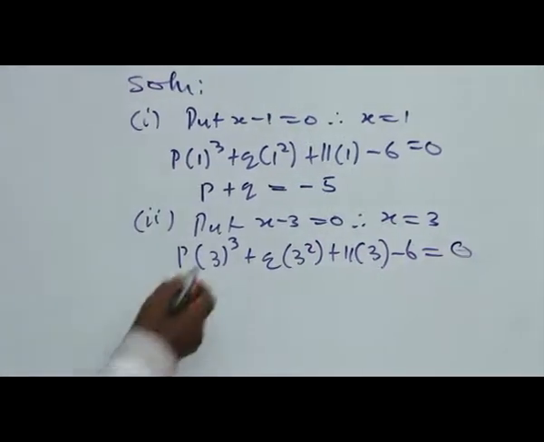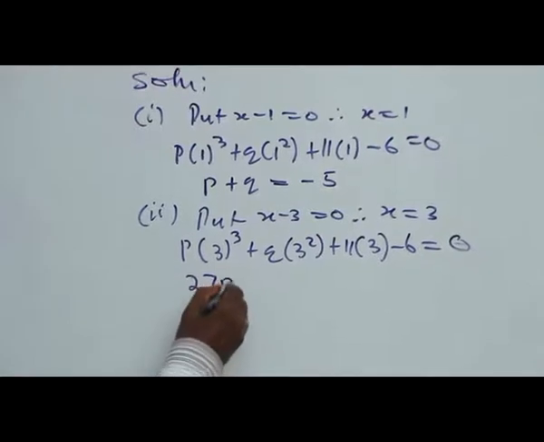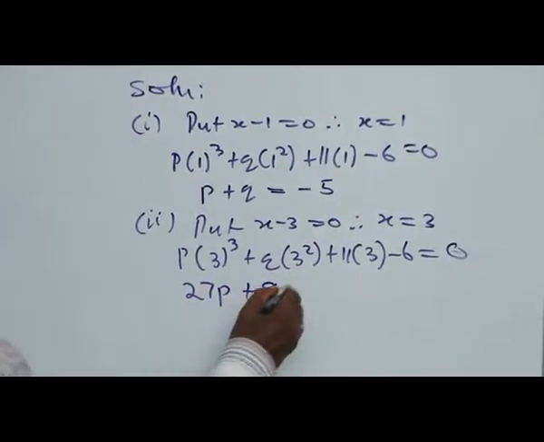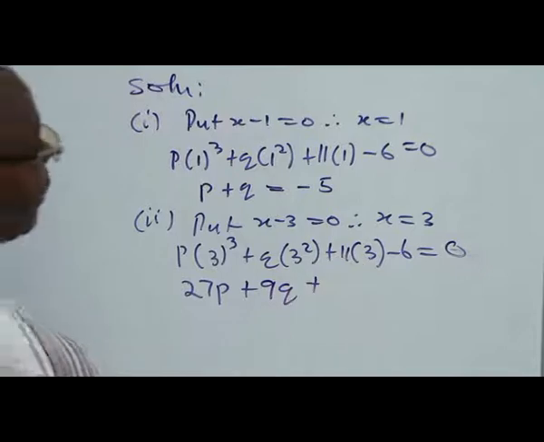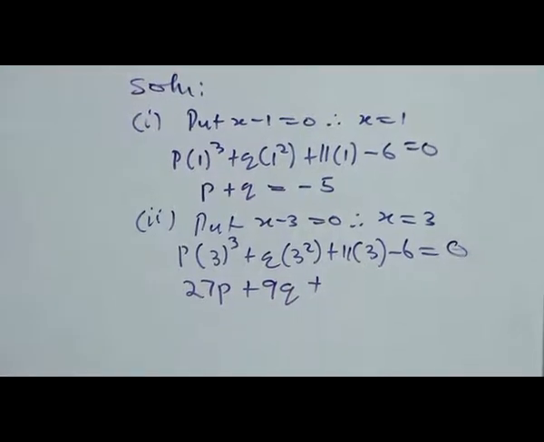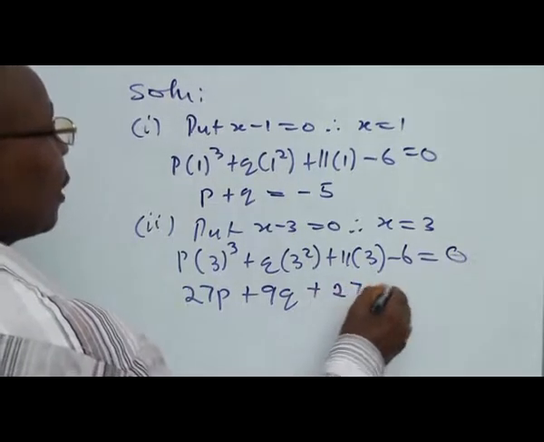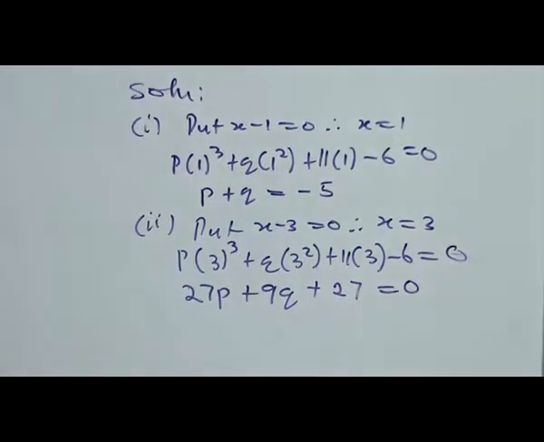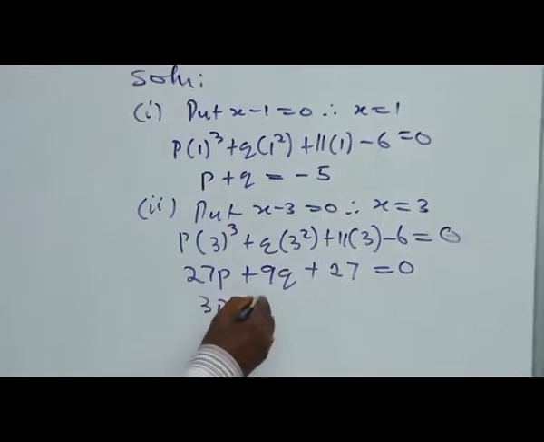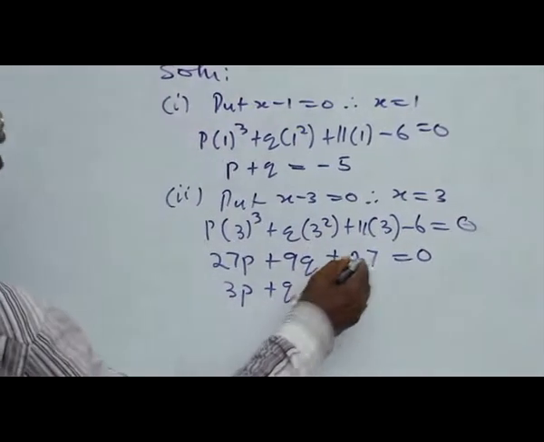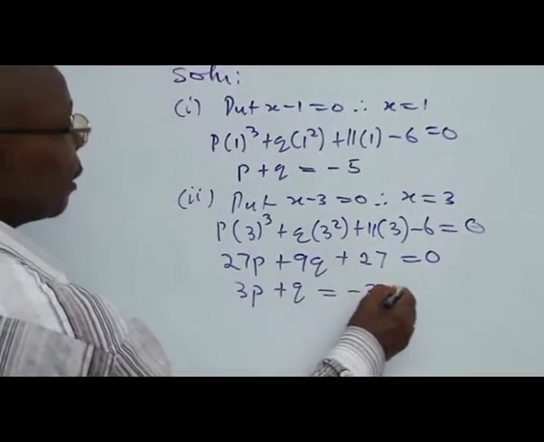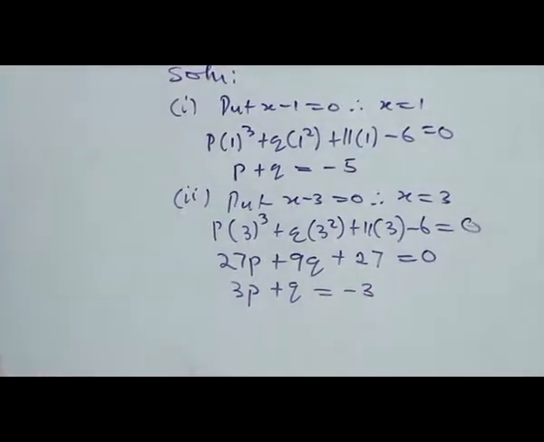Let's simplify this to give us 27p, 9q, and 33 minus 6, which is 27. Everything is equal to 0. To simplify further, we reduce to the lowest terms by dividing all through by 9. That gives us 3p plus q plus 3 equals 0, which becomes 3p plus q equals minus 3. This is our second equation.